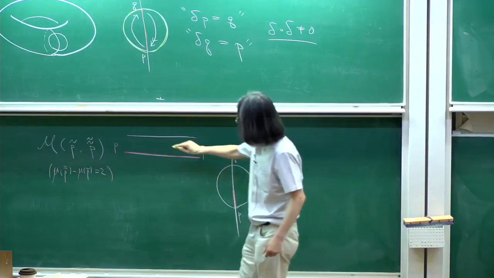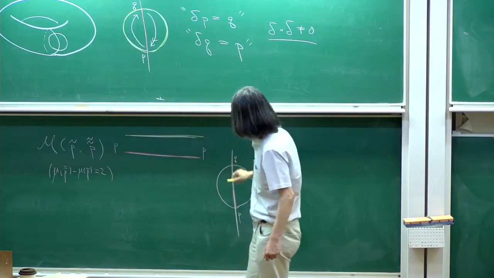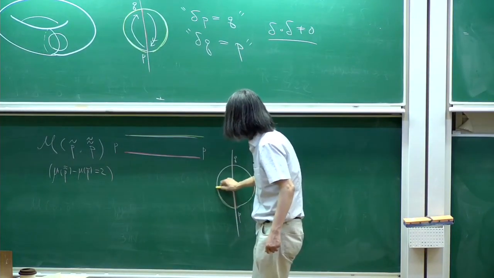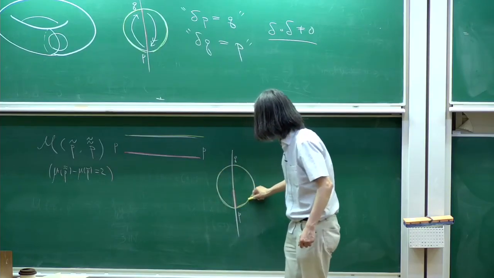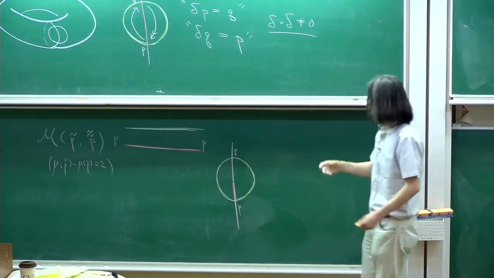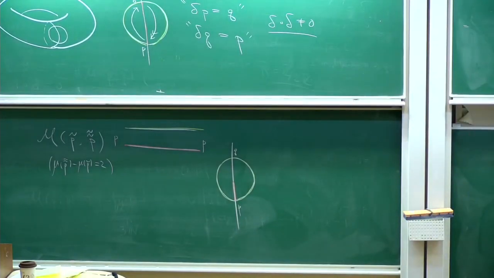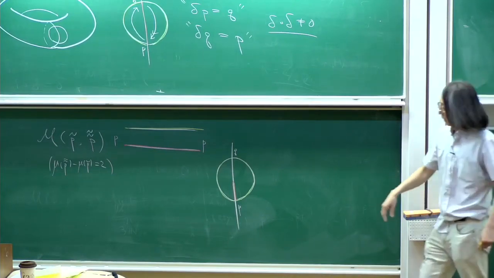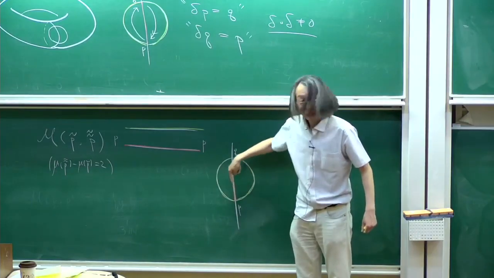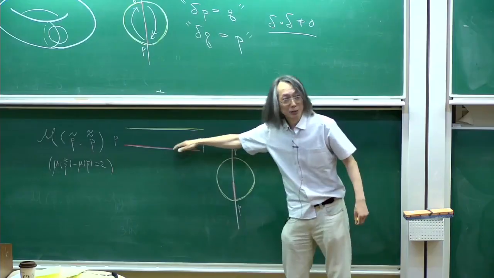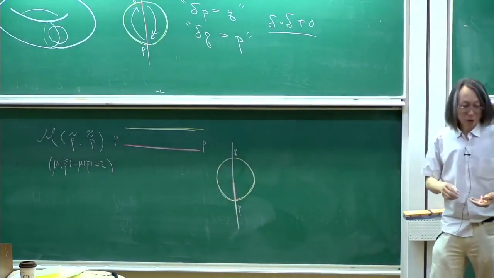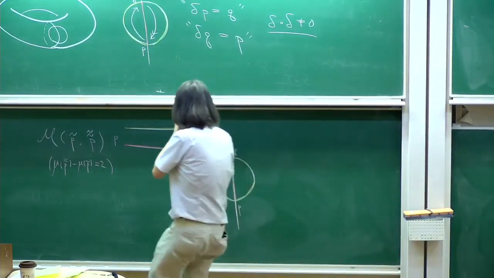And this boundary is mapped to this. We have such a holomorphic mapping, unique up to automorphism of the domain, right? Because I just make a slit here, and then this part is conformally equivalent to this one. So therefore, we have some conformal map there. And so we have this.